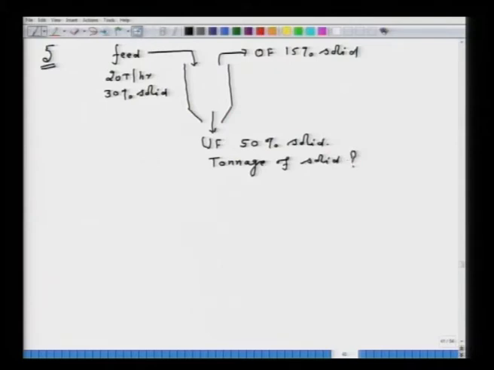Now, again you have to proceed with the mass balance, that is 20 equal to MU plus MO, input equal to output. Now, water balance.